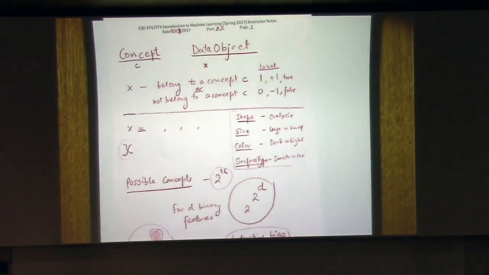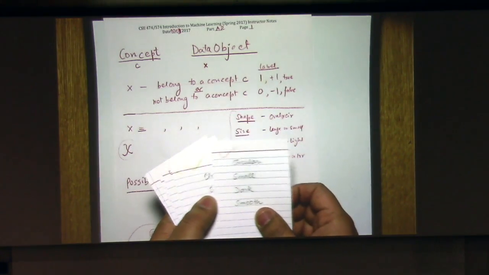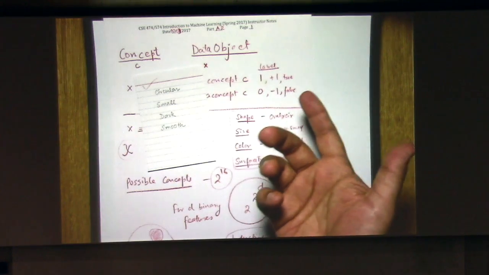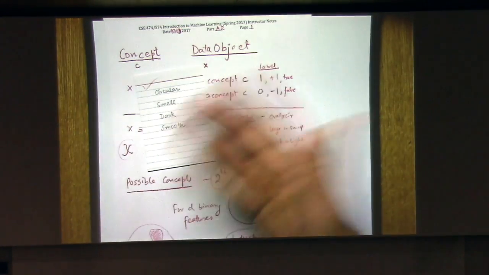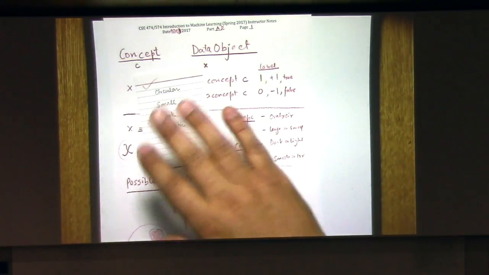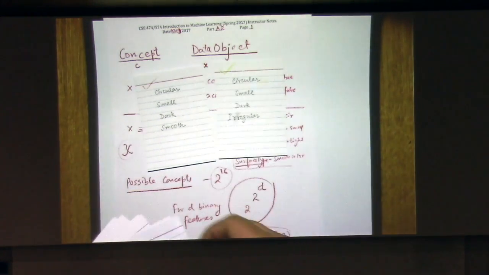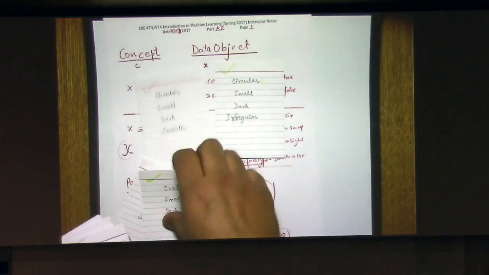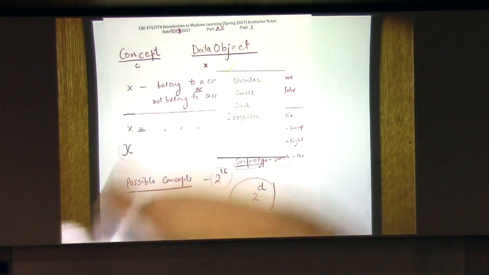So how many ways can you color 16 cards using 2 colors? I can color it red or green, or call it belongs or not belongs. I can color this in 2 ways, color this in 2 ways, and so on. So 2 times 2 times 2 times 2, all the way to 16, hence 2 power 16.